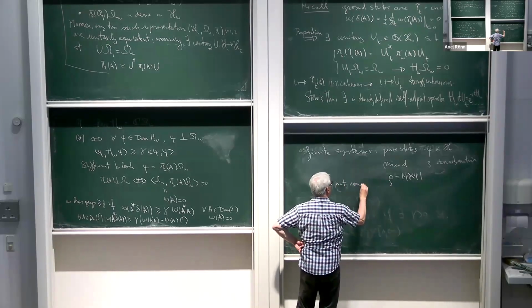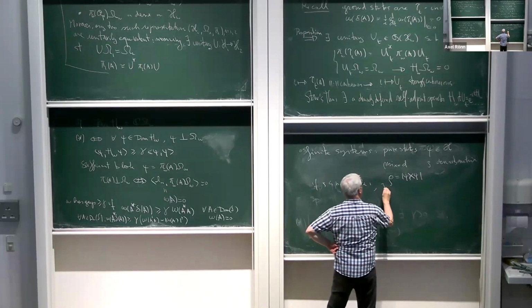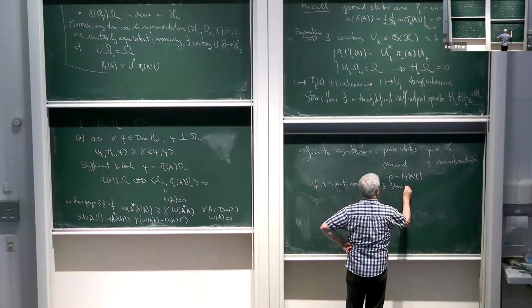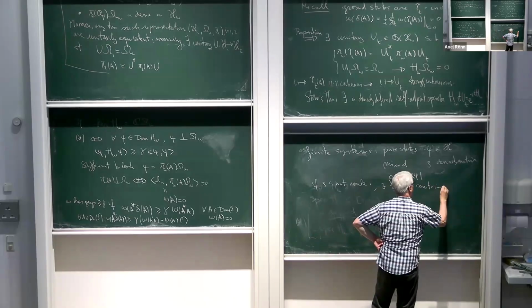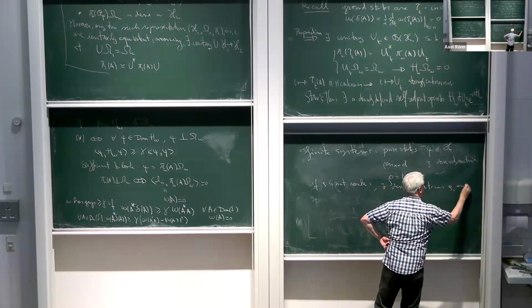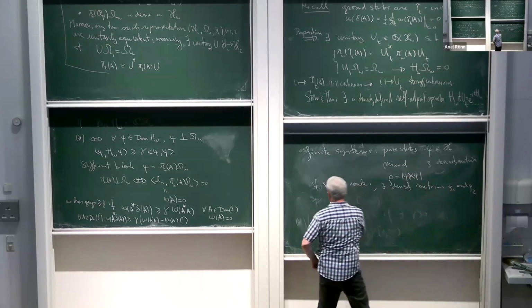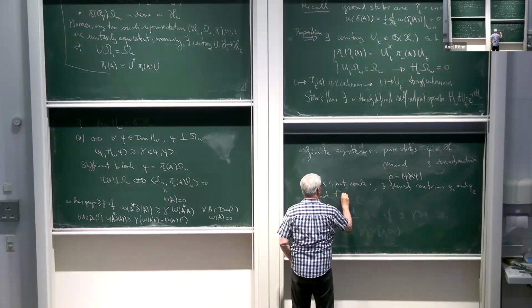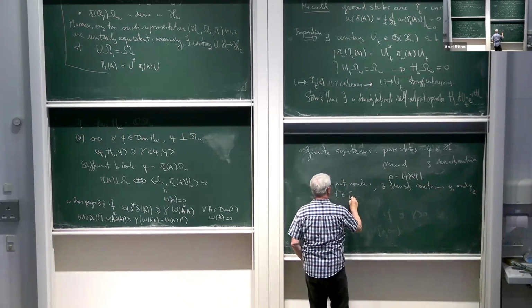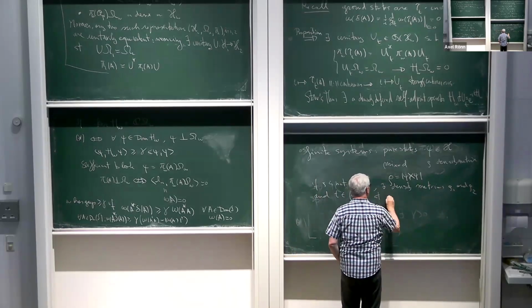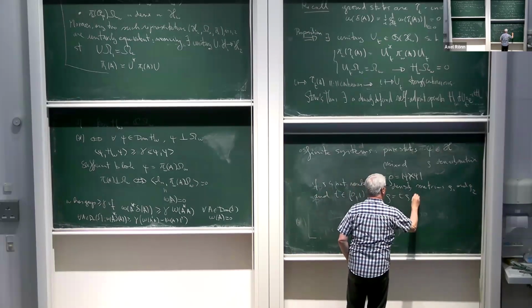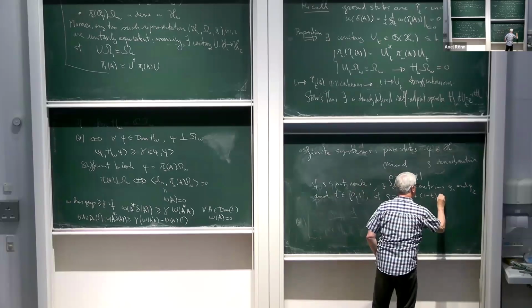So if it's not rank one, there exist density matrices rho 1 and rho 2 such that rho is t rho 1 plus 1 minus t rho 2.